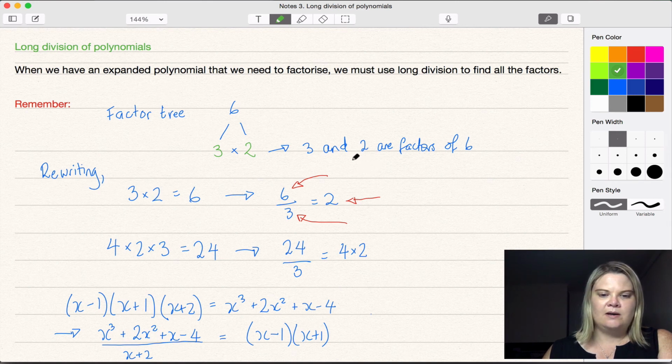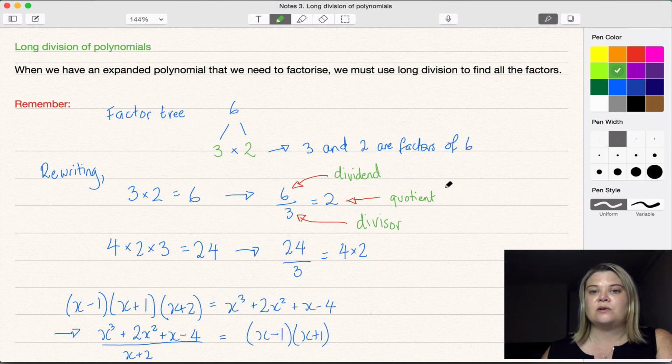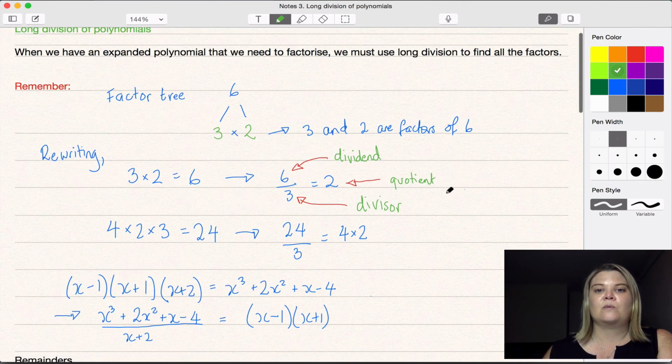When we do that, the top number, the 6 in this example, is called the dividend. The bottom number is the divisor, the one you're dividing by, and the final outcome is the quotient. These words are going to become really important when we use long division, so you need to know which one is called which.